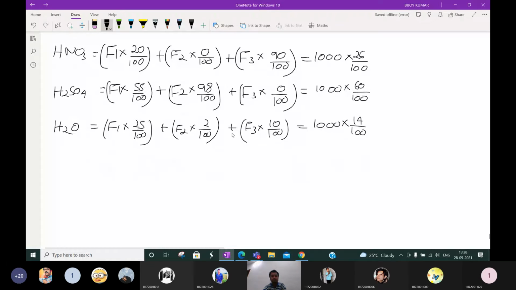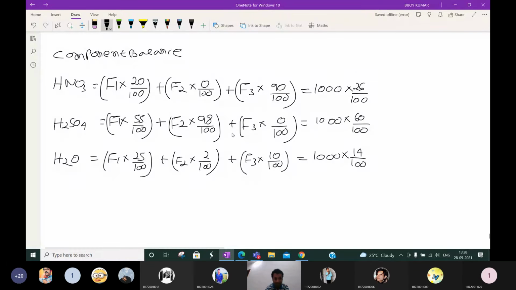Let us rewrite these equations once again. First the HNO3 equation: 0.2 F1 plus 0 into F2 plus 0.9 into F3 is equal to 260.